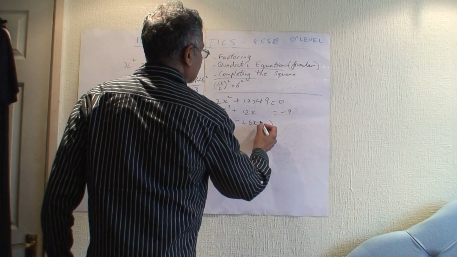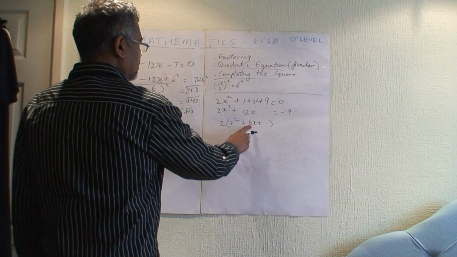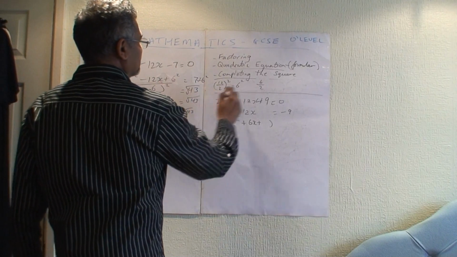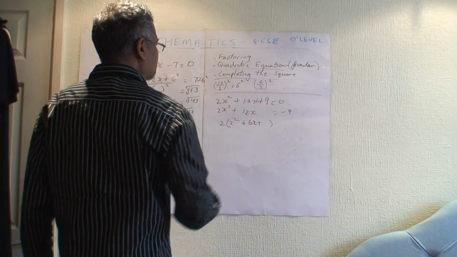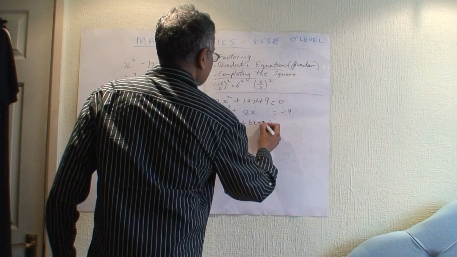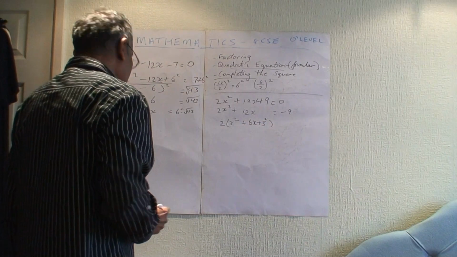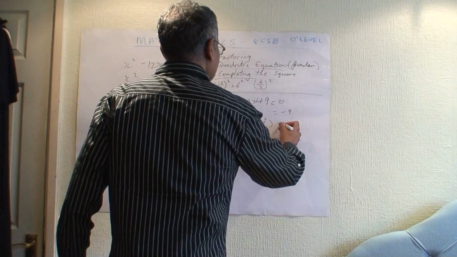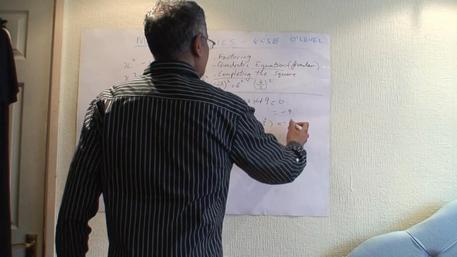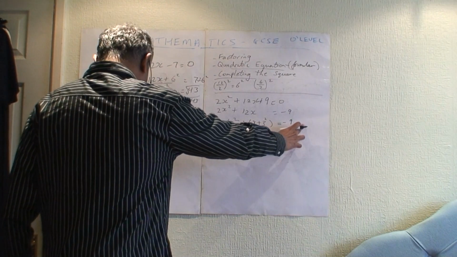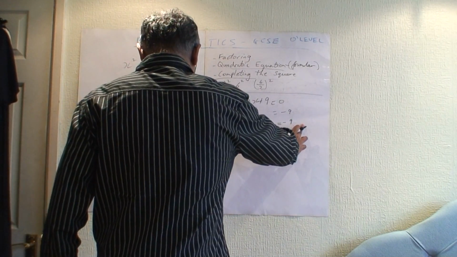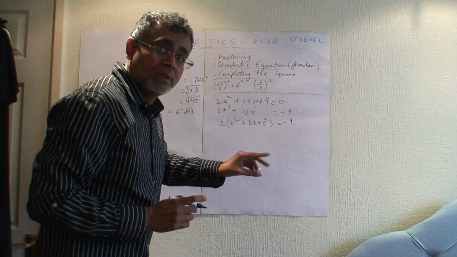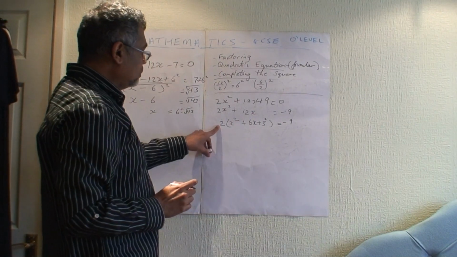Now we need to plus a value that goes in here. We use the 6. We take the 6 and we divide it by 2, like what we did in the previous example, and we square that. So that's like 3 squared. So we put the 3 squared over there. Now you plus the 3 squared here, but you also have to multiply this side by 2, because you got the 2 here.